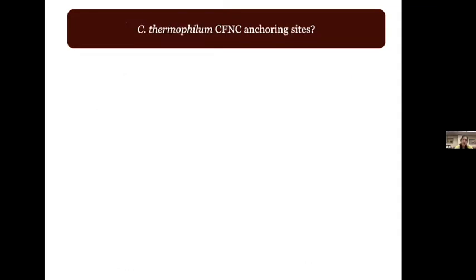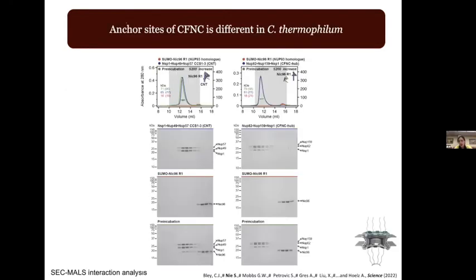But after we figured it out, we asked ourselves, is that similar? Is it also conserved in the fungal system, since that is the human system, and the nuclear pore complex is quite conserved from yeast to fungal systems? We tested these interactions in the fungal system, but we found that no, the CFNC anchor site is different in the fungal system.